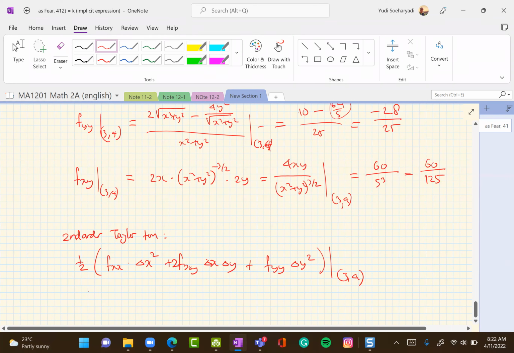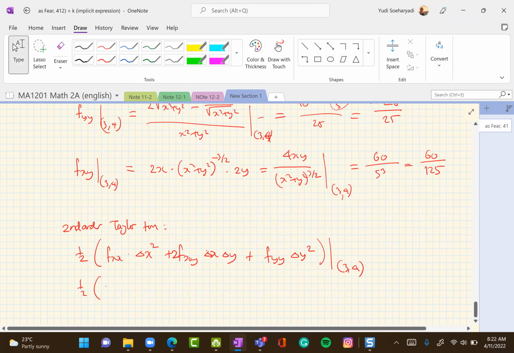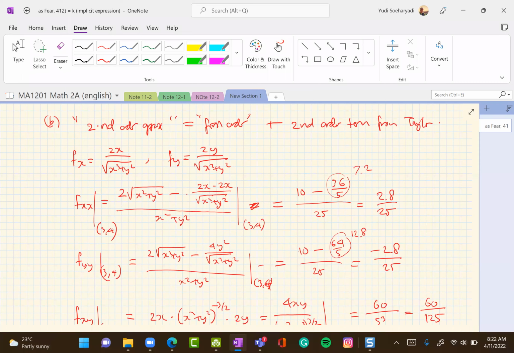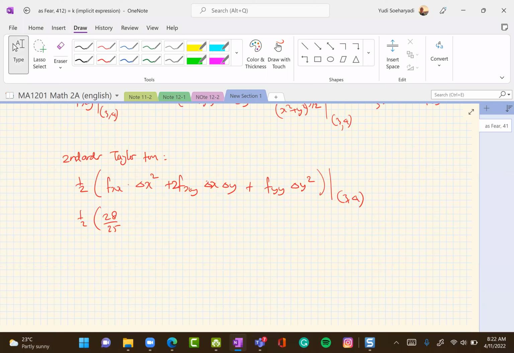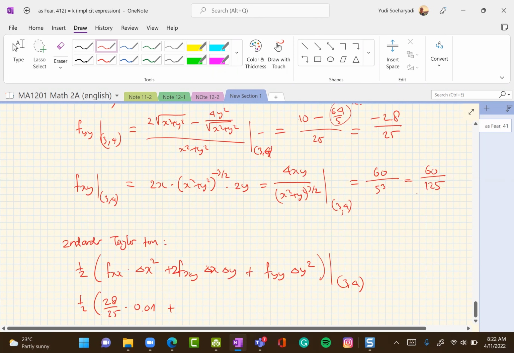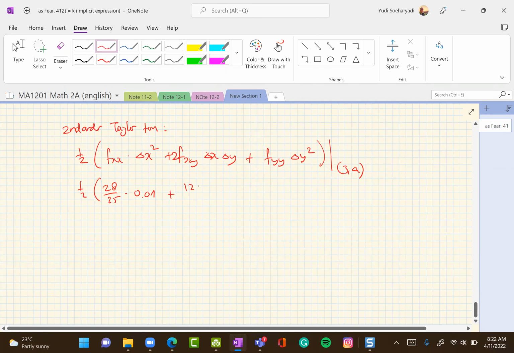Okay, well, we know that one. We computed already. 2.8 over 25 times this one squared, the delta x squared, 0.1 squared. 2 times of this one, so 12 over 125 times delta x times delta y.